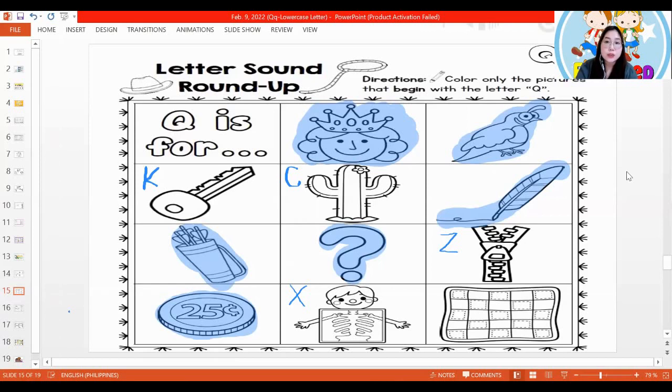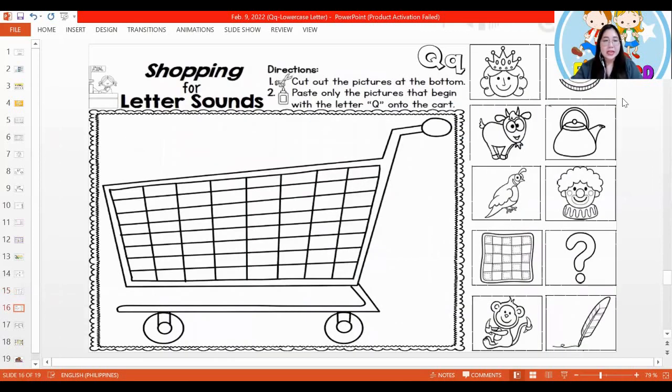Letter Q is for quilt. Yes, Q is for quilt. So the pictures that we have here are queen, quail, quill, quiver, question mark, quarter, and quilt that all begin with the letter Q.